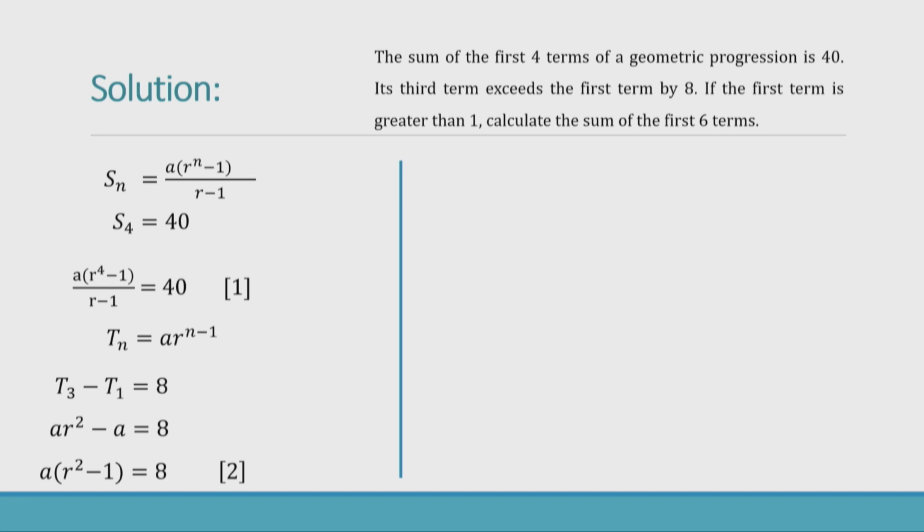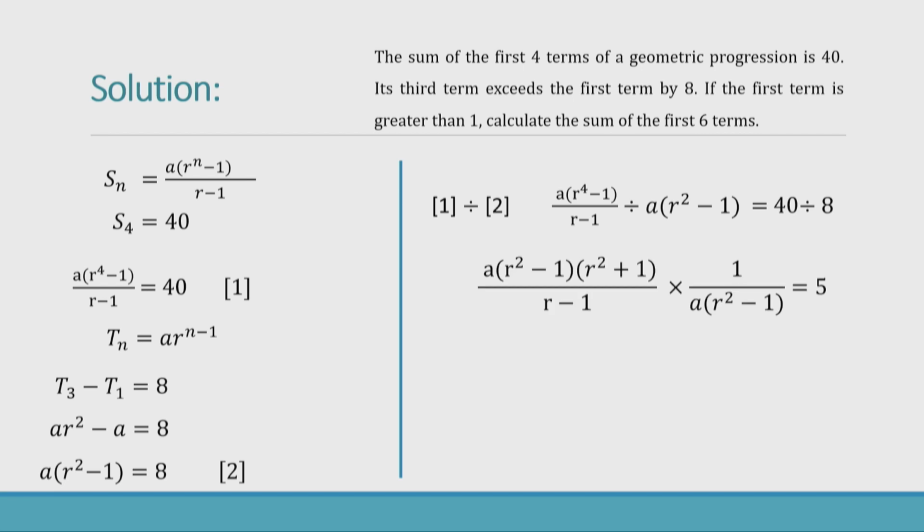Remember, as I mentioned in the previous lesson, here we are going to use division to cancel one of the unknowns. So equation 1 divided by equation 2. Simplifying, I will rewrite r power 4 minus 1 as a difference of 2 squares. I will get (r square minus 1)(r square plus 1). So in this case, I have a into (r square minus 1) into (r square plus 1) divided by (r minus 1).